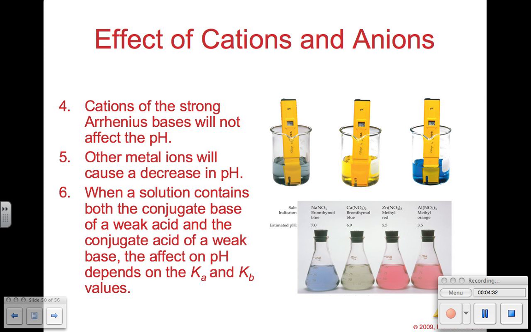When a solution contains both the conjugate base of a weak acid and the conjugate acid of a weak base, the effect on the pH depends on the Ka and Kb values. Our next lab is going to be looking at buffers, creating buffers in solution. Your blood is a natural buffer.